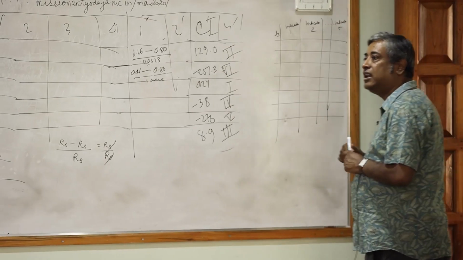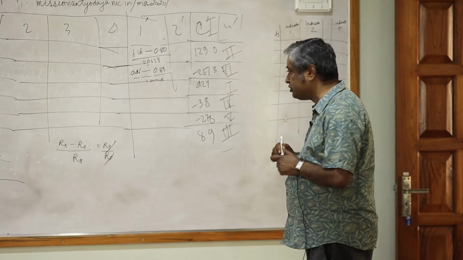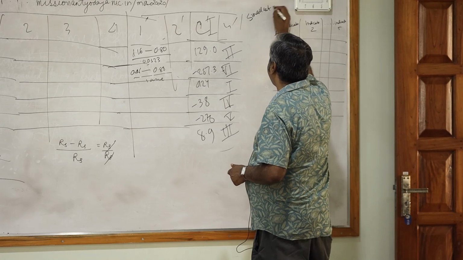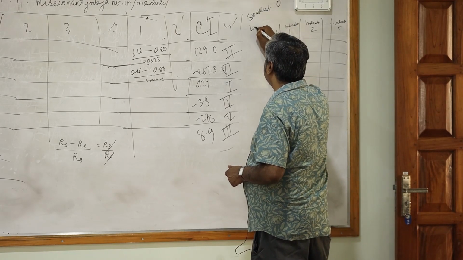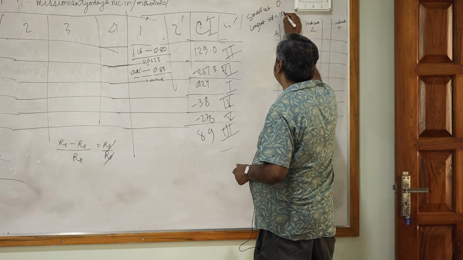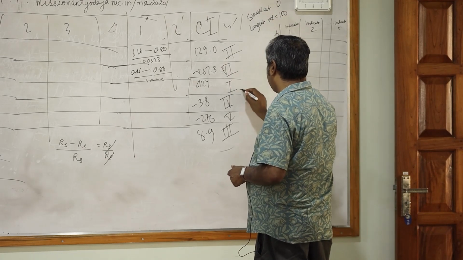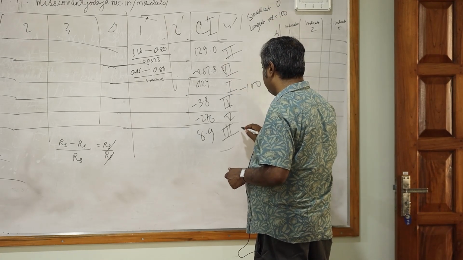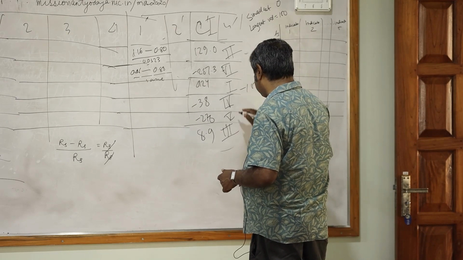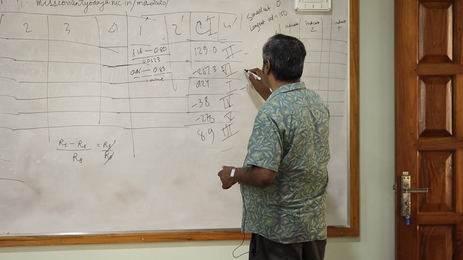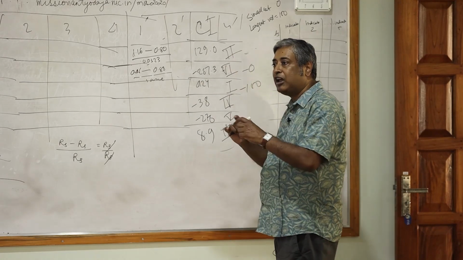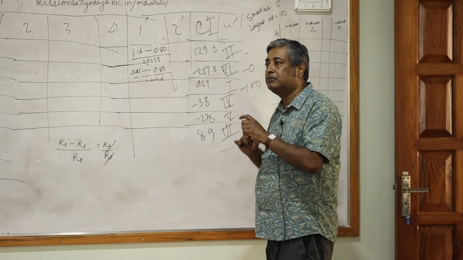You can scale it between 0 and 100, which means the smallest value is 0, the largest value is 100. So this automatically becomes 100, and this automatically becomes 0, and everything else will have a value between 100 and 0.